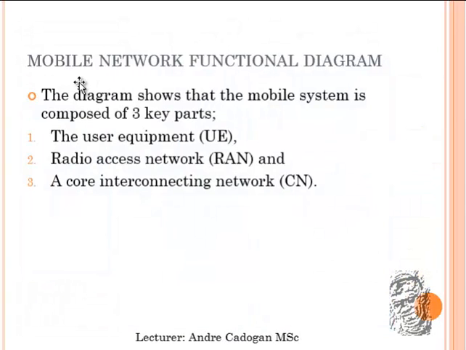We're going to move on to the mobile network diagram. Again, the user equipment, radio access network, and the core networking functions, which we discussed earlier, are basically composed of three key parts.